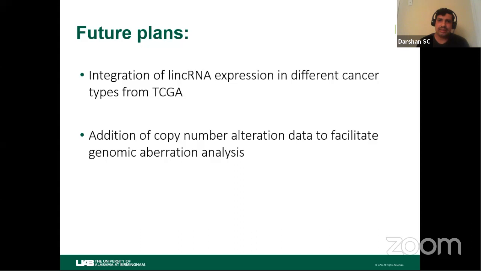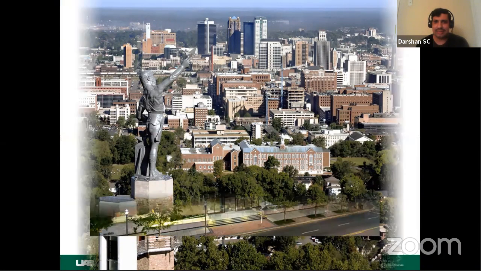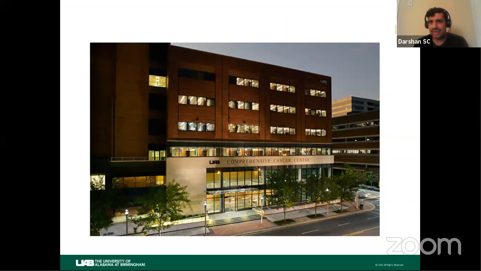And yeah, this is just a snapshot of the city where I live, Birmingham. It's the southernmost part of America, in the state of Alabama, and this is the comprehensive cancer center where I work. There are nearly 50 different PIs. The main researchers are working on different types of cancers, ranging from prostate, breast, ovarian, to skin cancers and more.